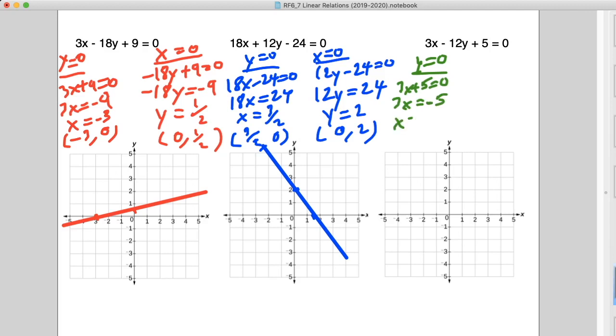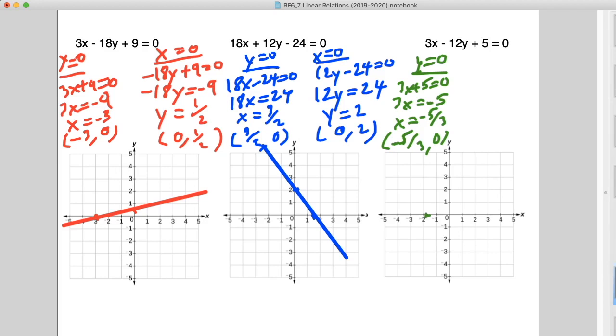Then I'll divide both sides by a positive 3. So I'll get x is equal to negative 5/3. So I'll have a point at negative 5/3, 0. So negative 5/3, we're going to put it right about here.